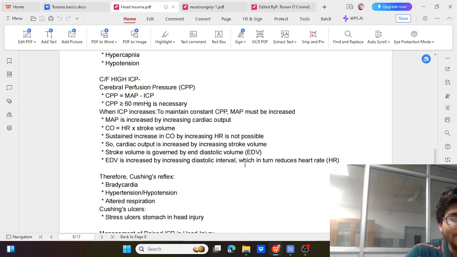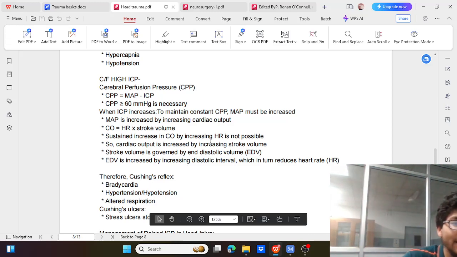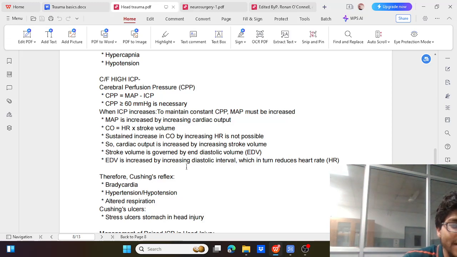Bradycardia will increase the diastolic interval, which in turn will increase the end diastolic volume. That is the volume collected in the ventricular chamber at the end of diastole, which will decide the amount of stroke volume. So decreased heart rate causes an increase in stroke volume and helps in maintaining the cerebral perfusion pressure. This decrease in heart rate is part of Cushing's reflex.